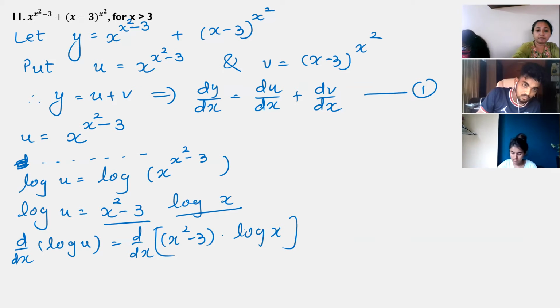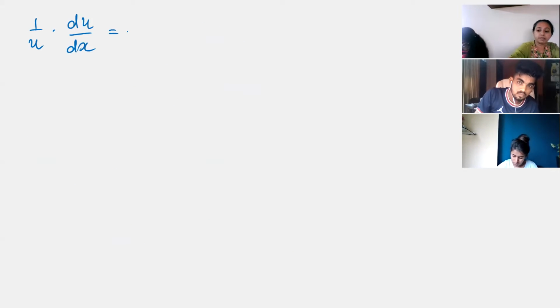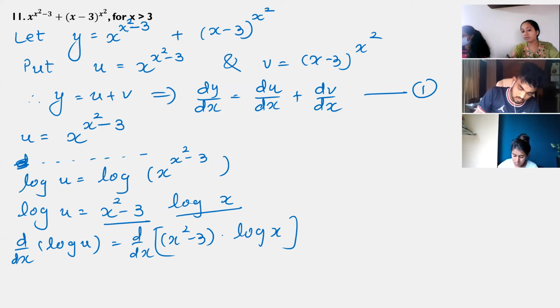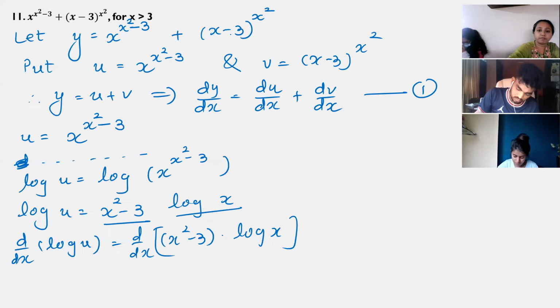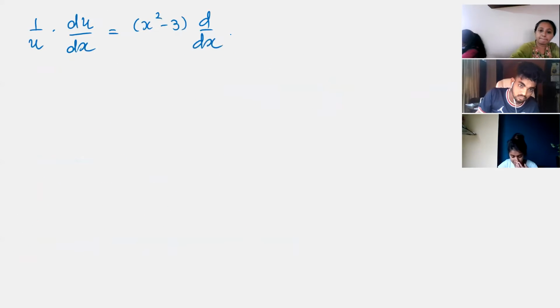Let's apply that. Log u, left hand side, is 1 by u du by dx. Right hand side, I can see d by dx of two functions. First function as it is, (x² − 3), into d by dx of log x.